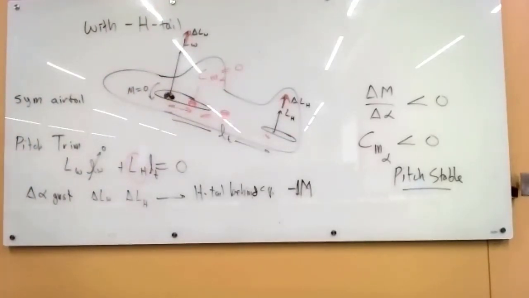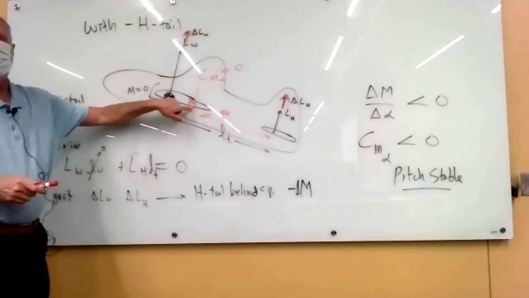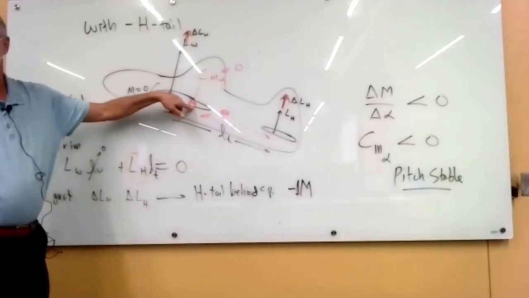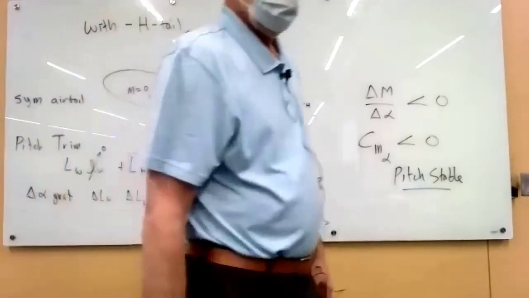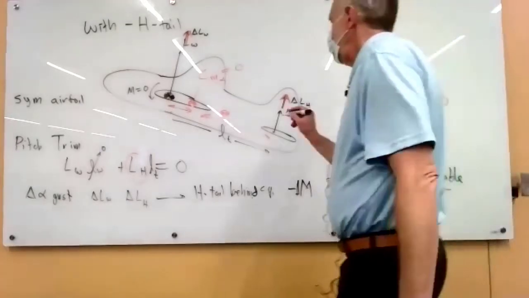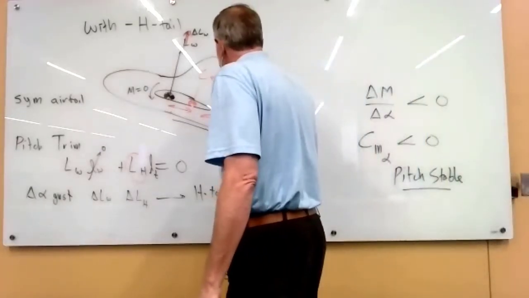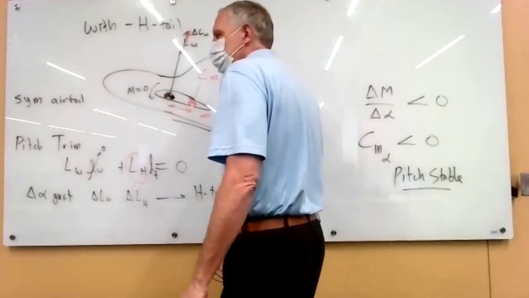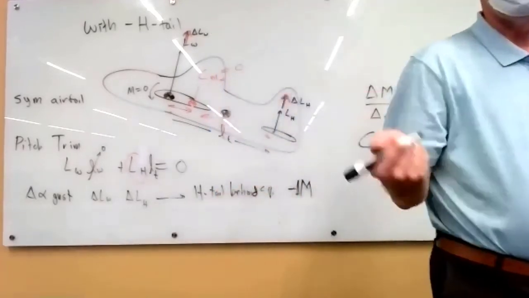So there's a critical point at which the CG can be where we start to lose stability of the airplane. And in fact, that's called the neutral point of the airplane. All I want you to remember out of this whole thing is that in a conventional configuration, if you move the CG back too far, you can go from a pitch stable airplane to a pitch unstable airplane.